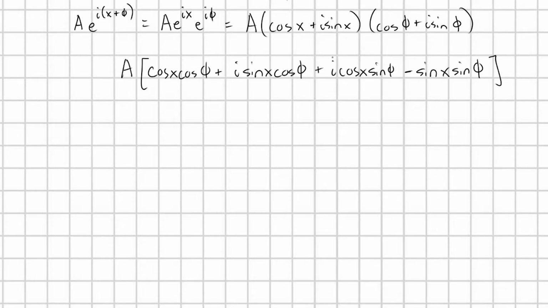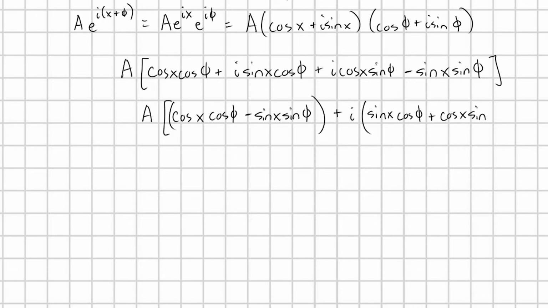Just for organizational purposes, let's group this into the real and imaginary parts. So we have A times cos x cos phi minus sine x sine phi, put in parentheses to indicate that this is our real portion, plus i times sine x cos phi plus cos x sine phi.